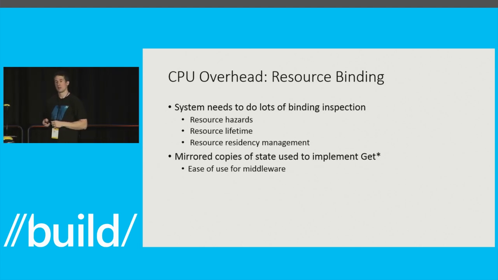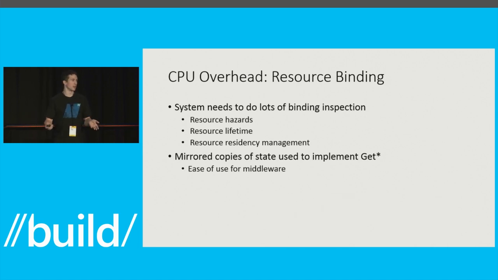Resource lifetime. So D3D11 and other pre-D3D12 APIs typically try to abstract the idea that all the commands to the GPU are queued. The API tries to behave like when you call draw, the GPU immediately goes and issues a draw. What's actually happening behind the scenes is there's a queue of commands. Everything is deferred and then executed at a later time by the GPU.